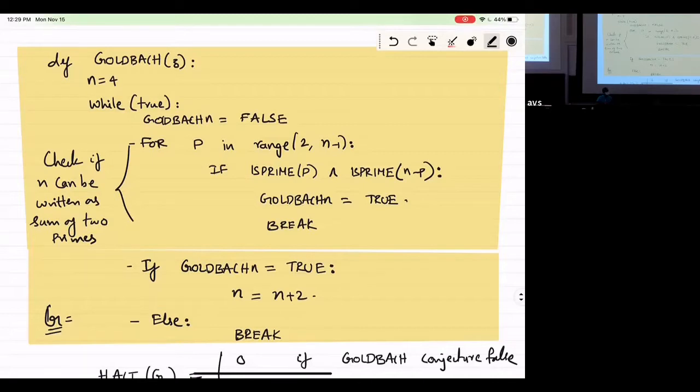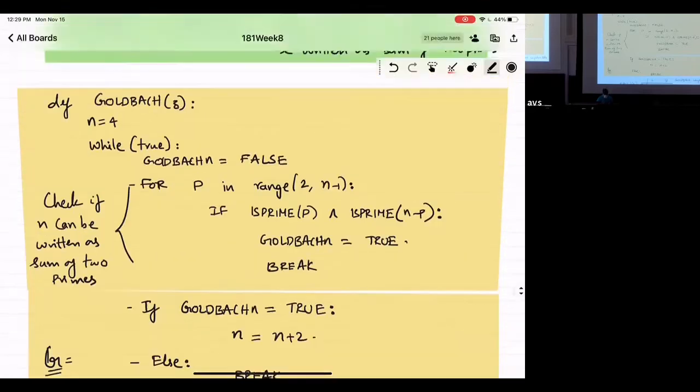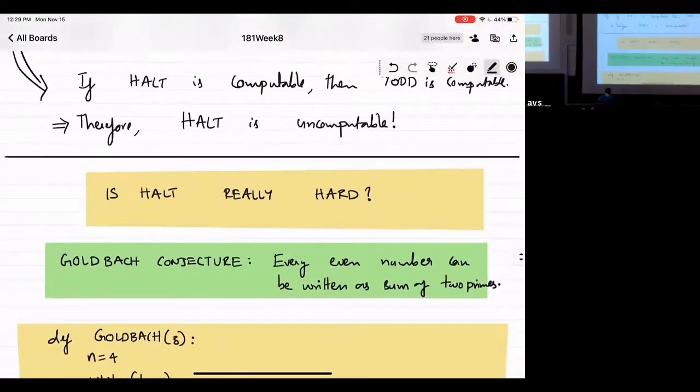So you can do all kinds of weird stuff like that. The problem with halting is that programs can be insanely complicated even though they're very short. That's what you should keep in mind. Is the halting problem really hard? Yes. Even for very short programs, programs can be doing extremely non-trivial things, so we won't be able to tell whether or not they halt.